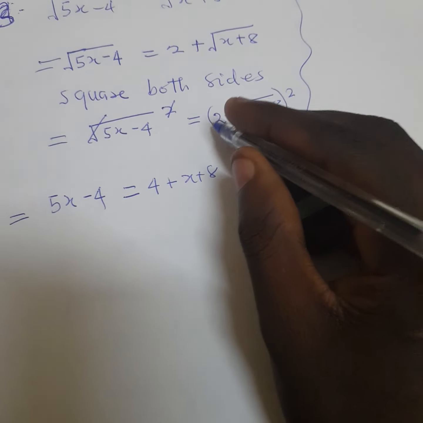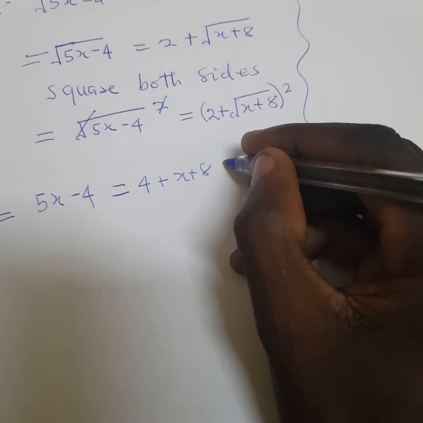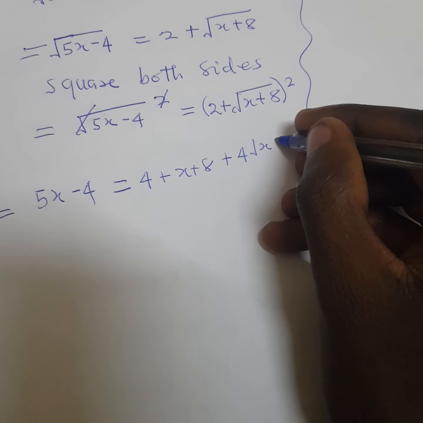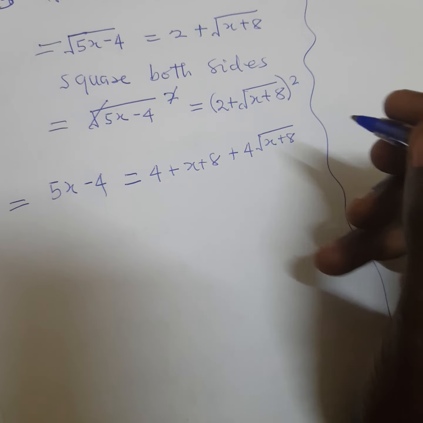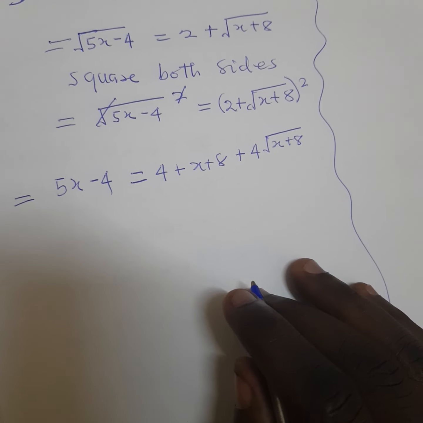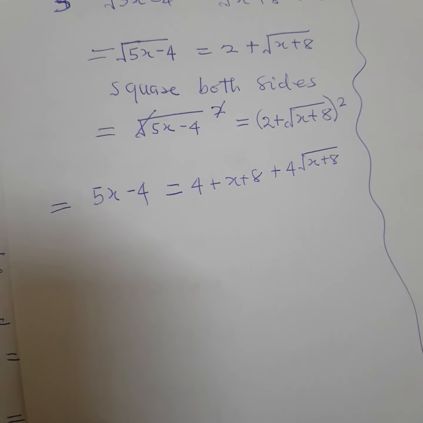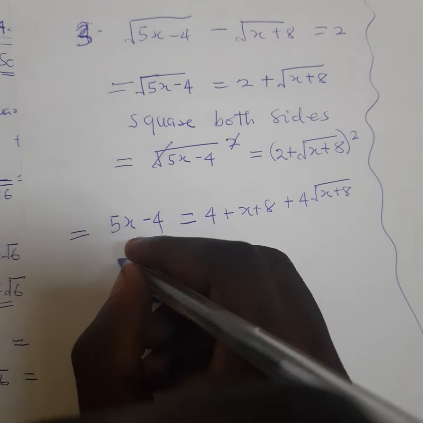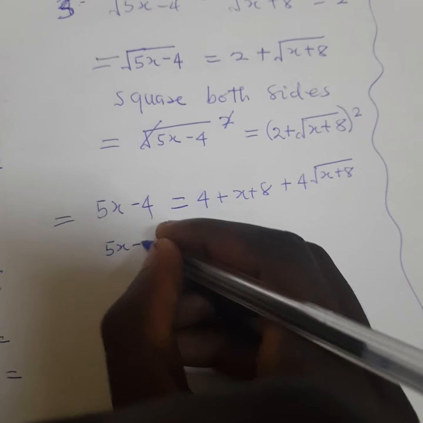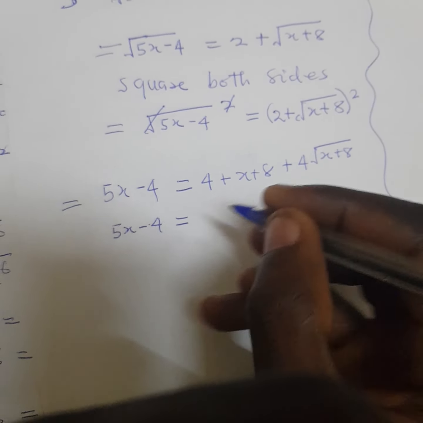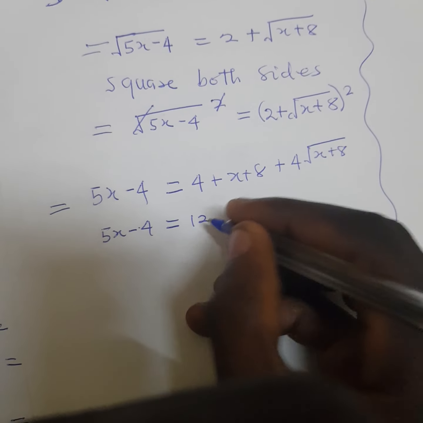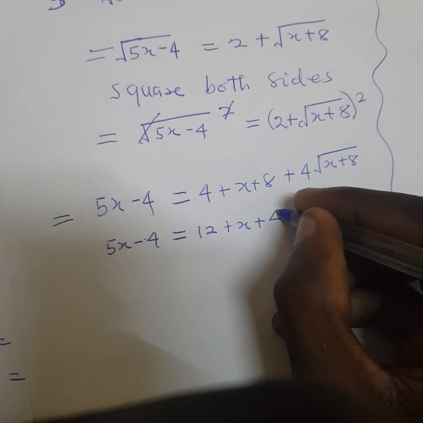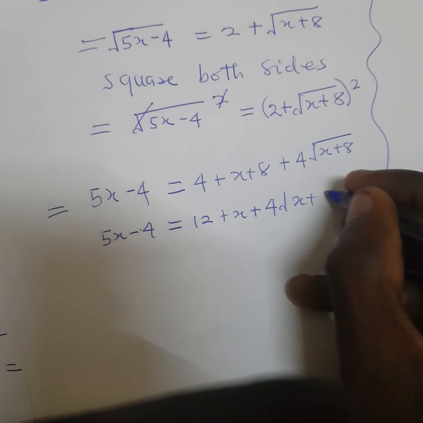Then you take this multiply through, so it will be 4 multiplied by root of x plus 8. This is the answer so far. So when you simplify this, it will be 5x minus 4 is equal to 12 plus x plus 4 root of x plus 8.